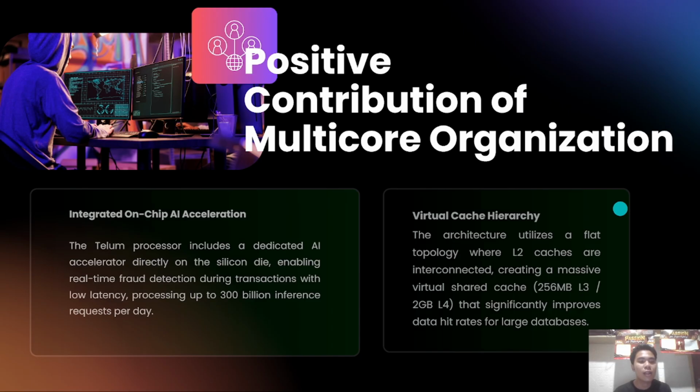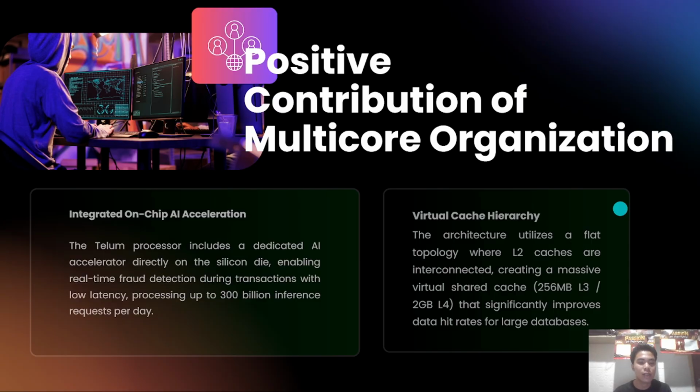The multi-core organization of the z16 delivers two primary performance contributions. First, its integrated on-chip AI acceleration allows it to analyze transactions for threats like fraud as they happen within the same system, and it eliminates the need to send data to a separate AI server.